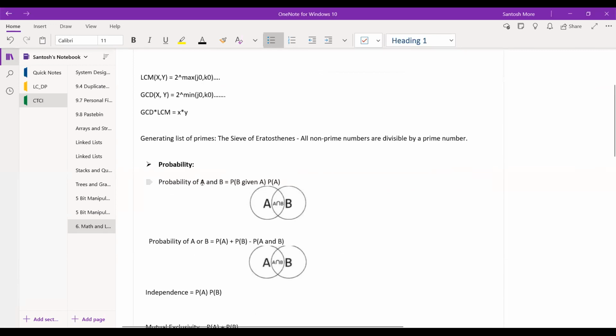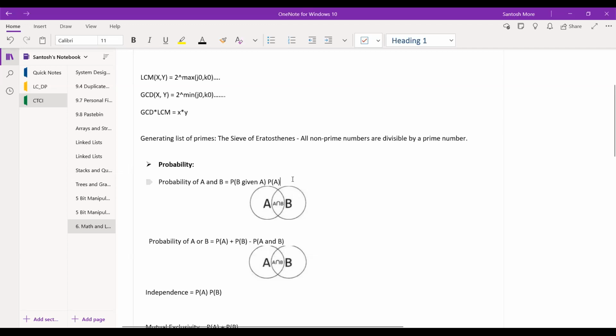If you want to find the probability of A and B, in this case the probability of A and B will be the intersection, right? It should be only the intersection part.